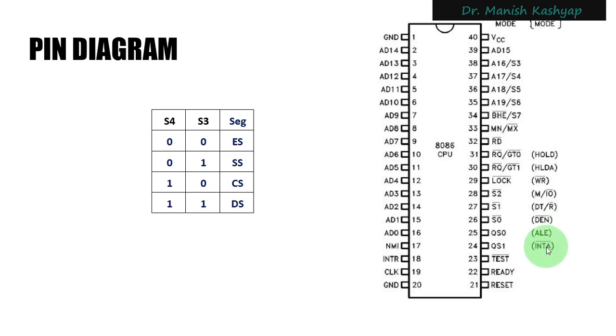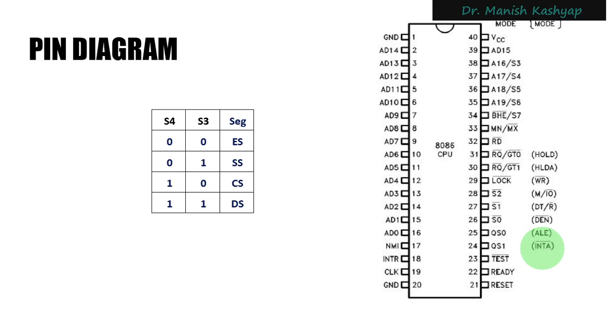This INTA bar signal is interrupt acknowledge. This interrupt acknowledge indicates the reception of an interrupt request. It consists of two negative going pulses in two consecutive bus cycles, right? This is also very important in 8086: INTA bar will take two negative pulses in two consecutive bus cycles.